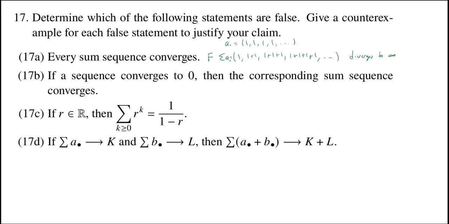Let's see, second one. If a sequence converges to 0, then the corresponding sum sequence converges. Yeah, okay, so this one is more subtly false, but we have a great example here.